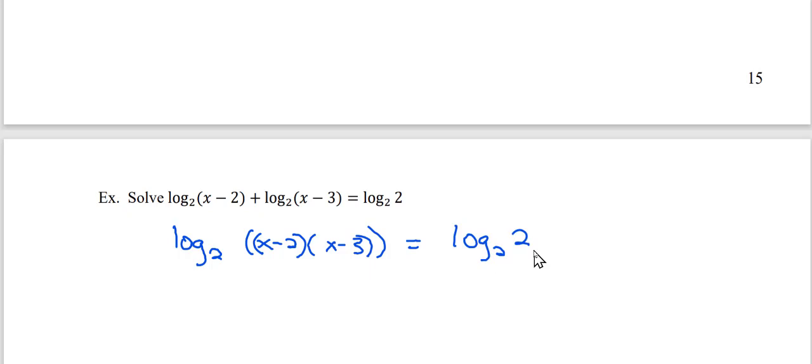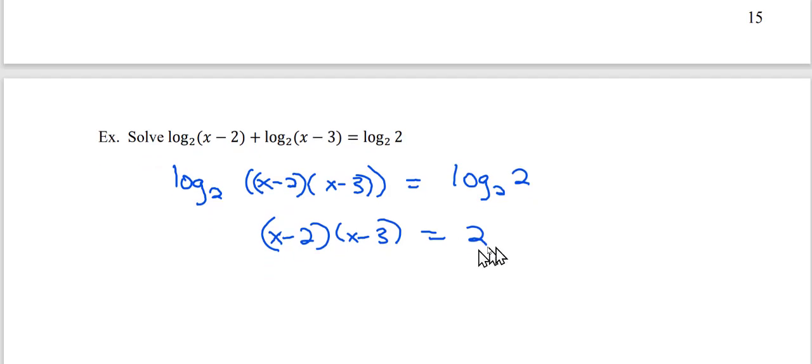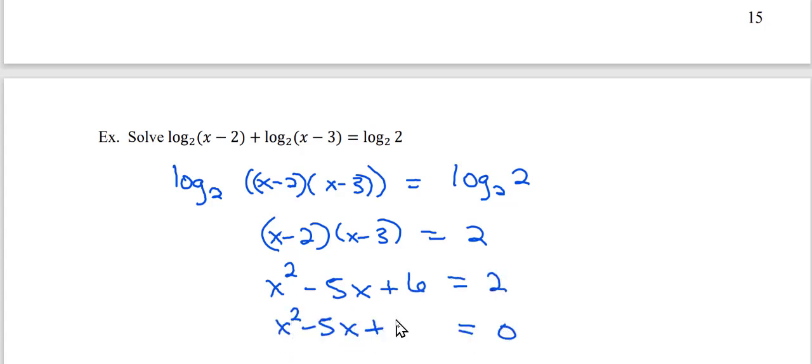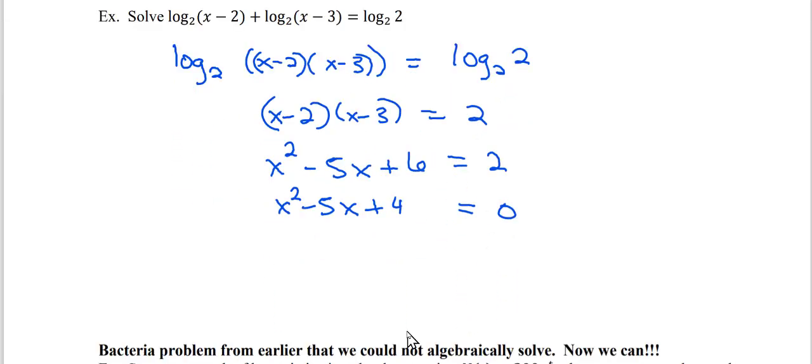Log base 2 of 2 is 1. Or, now that we have a single log equal to a single log, we can just say the insides of the logs must be equal. This is not 0 on the right-hand side. So we have to distribute out the right-hand side, subtract 2 from both sides, and get our solution that way.